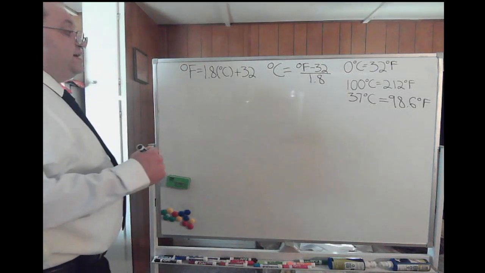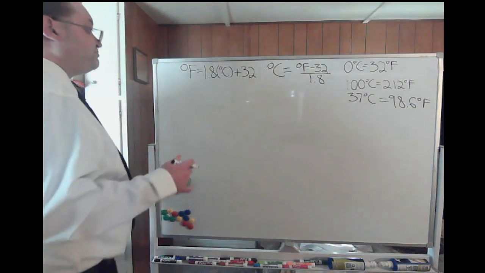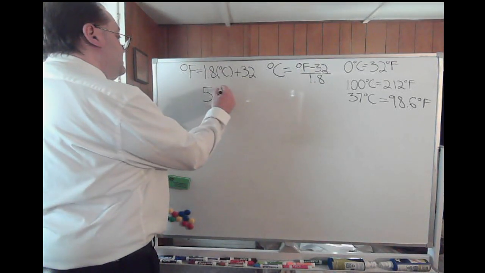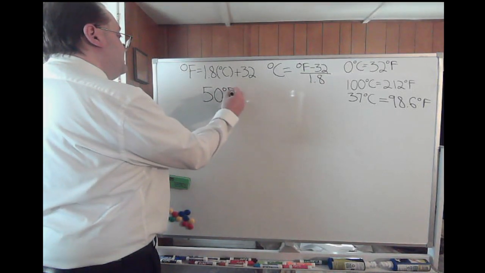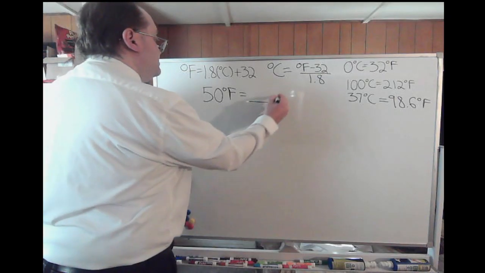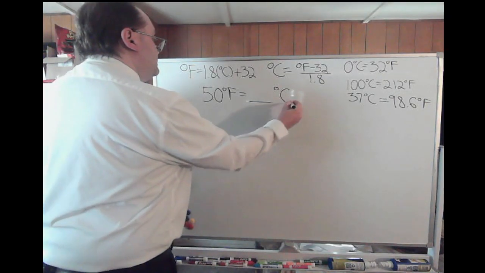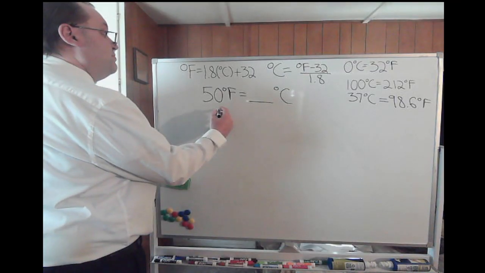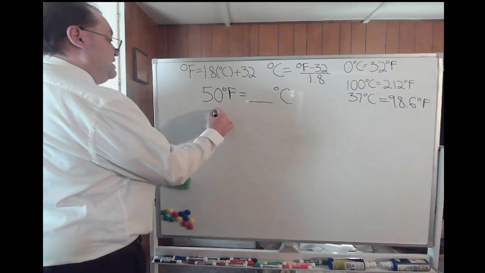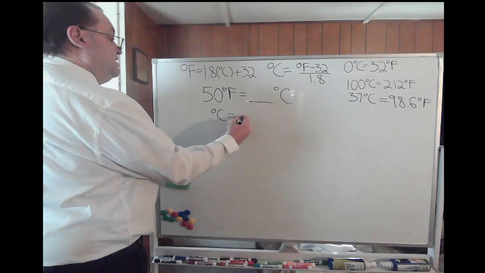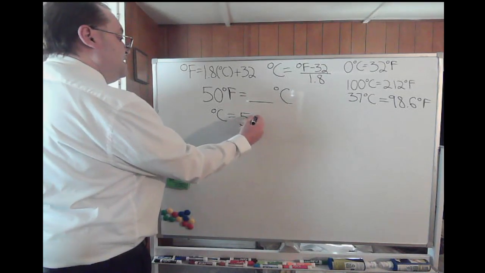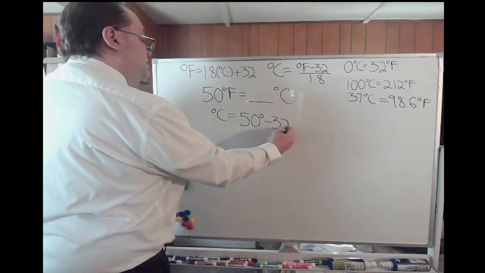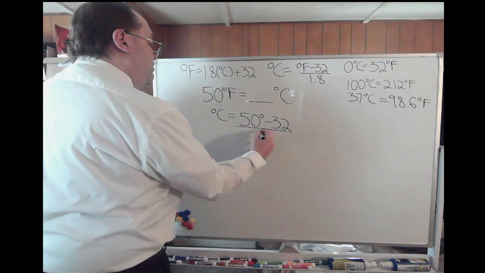But let's start out here, right? Let's say we have a 50-degree day here in the United States. 50 degrees Fahrenheit, we would like to convert that to degrees Celsius. So what you're going to do, of course, you want to get the degrees Celsius, you're going to take the 50 degrees Fahrenheit, so it'll be 50 degrees minus 32 all over 1.8.